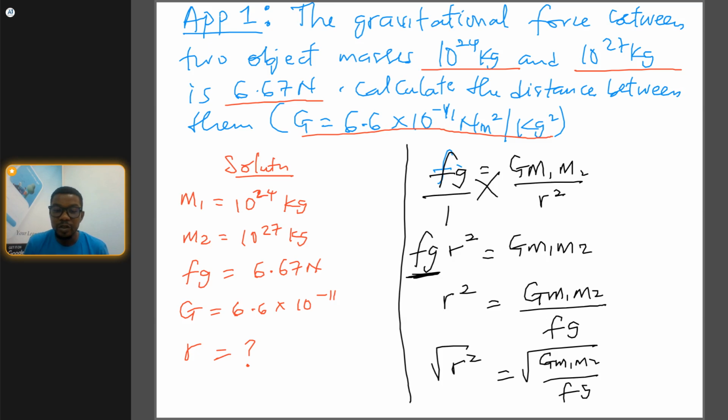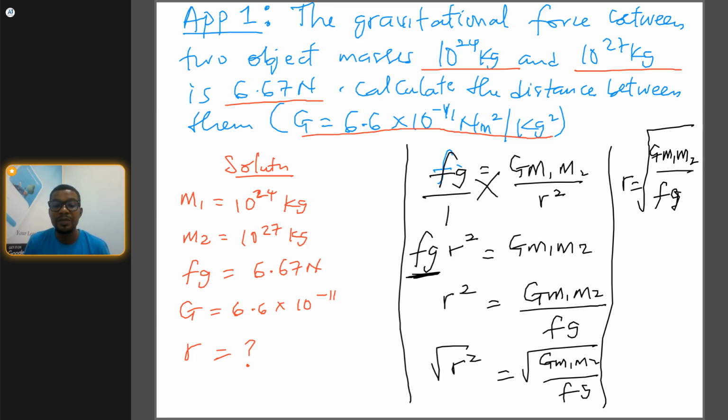All right. So the final response, which is R, will now be equals to the square root of G M1 M2 over Fg. So with this formula now, we can get the distance between the two objects, all right?